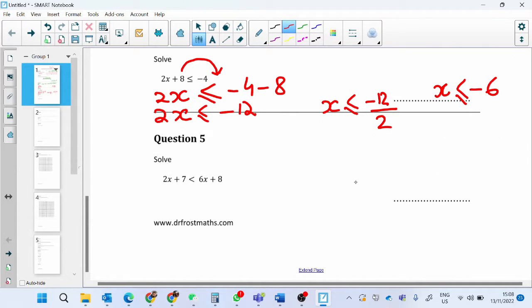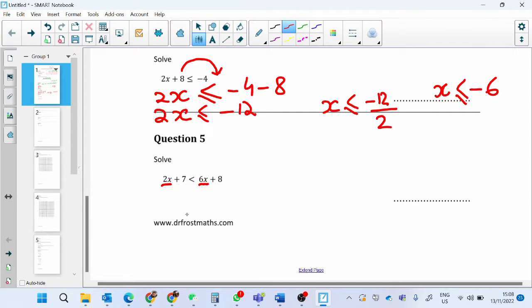In the next question, we'll solve this question. Here we have got two variables. One is -6 and the other is -2.